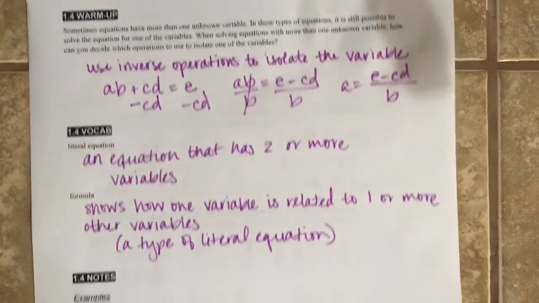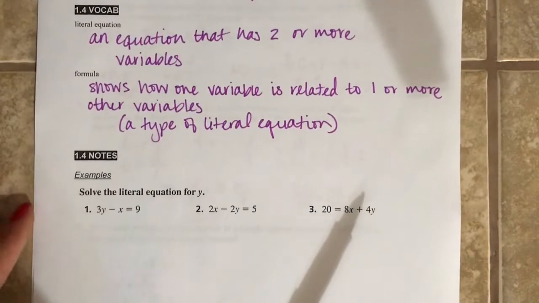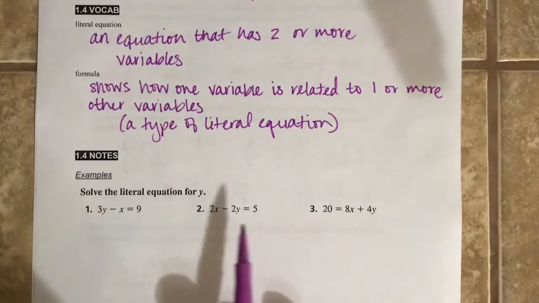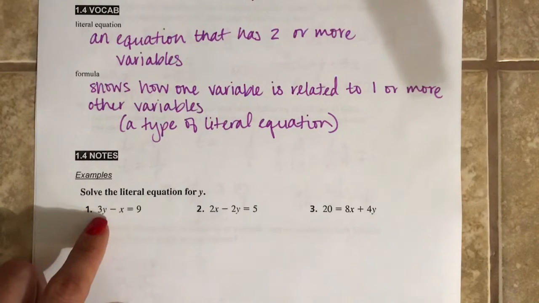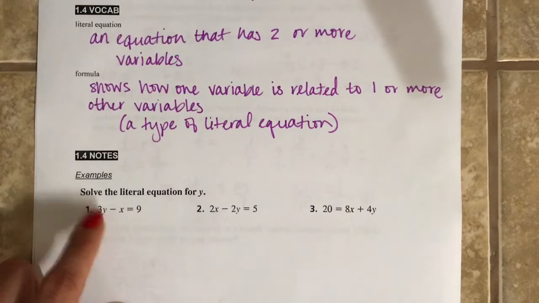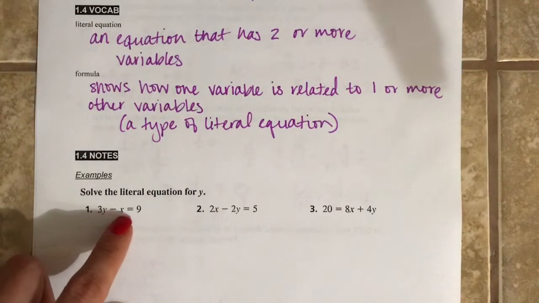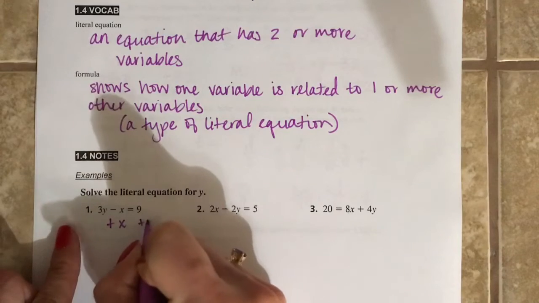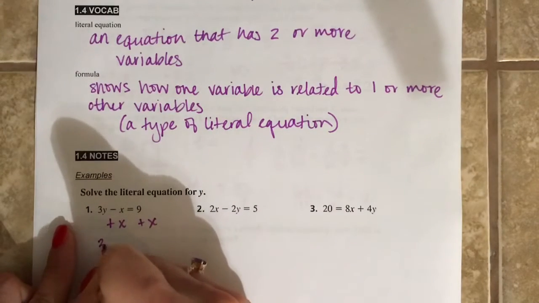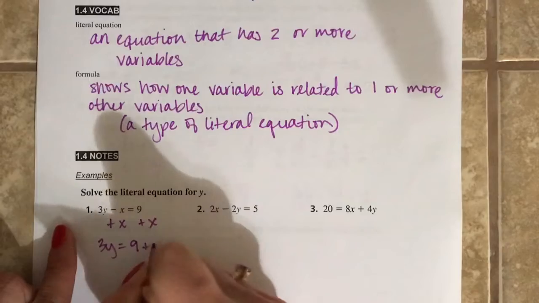Okay, some examples. So we're going to solve each literal equation for y. In the first one, y is being multiplied by 3, and then it has x being subtracted. So I'm going to undo those things. I'm going to add x first. So then I have 3y equals 9 plus x.